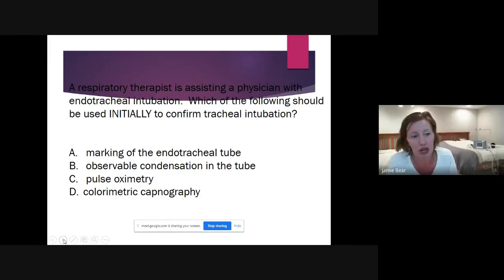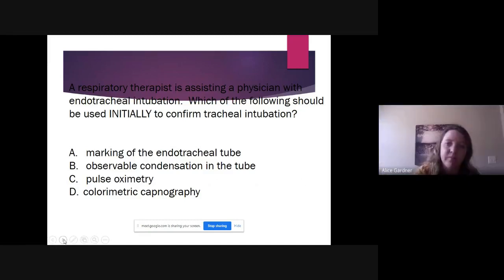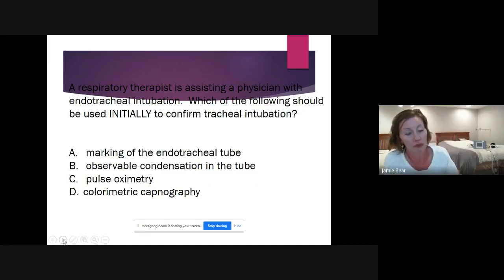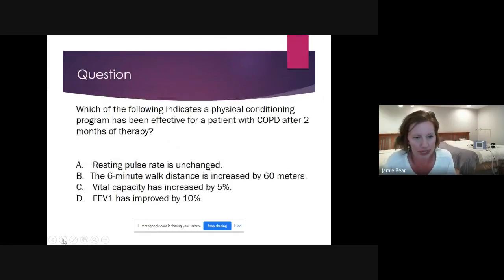Chest rise is always good too because it's observable. But if you think about the steps, you could put that easy cap on before you would even bag. Once again, they'll ask things in different ways, so make sure you make the best choice for that specific question. It's always the best answer.